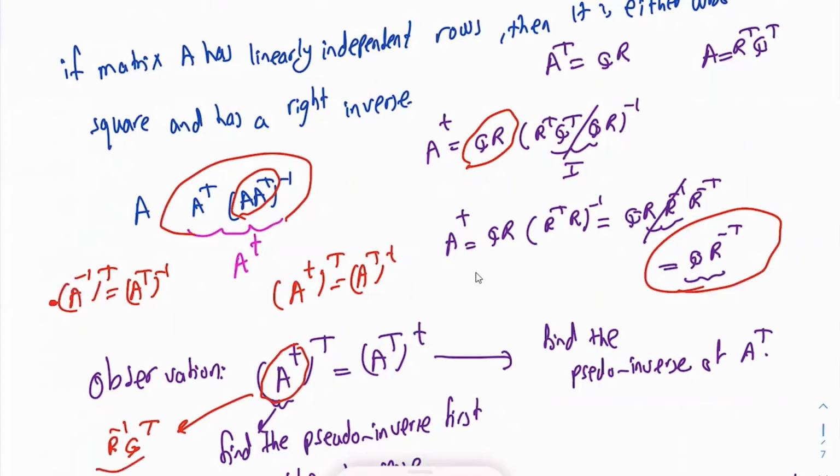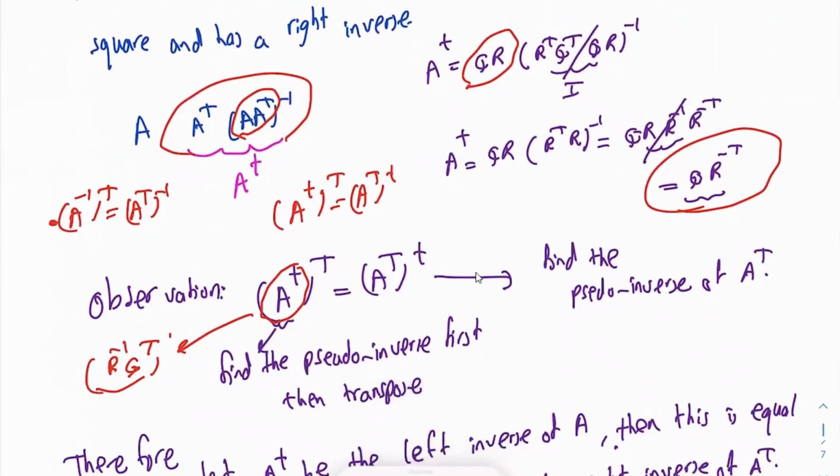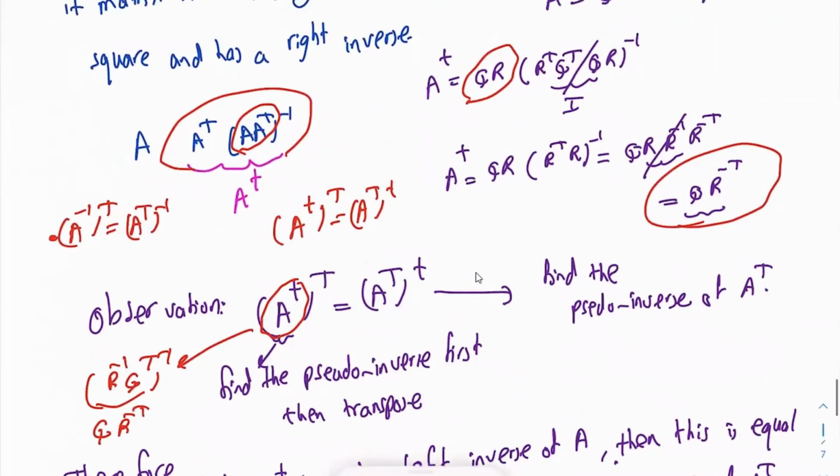If I go ahead and transpose this, I should get the right inverse. Let's transpose this. I get Q R negative transpose, which is exactly this one. So thanks to this observation, if you have a left inverse using the QR, you can just transpose that to get the right inverse, right? And this is a proof why this expression is correct, right?